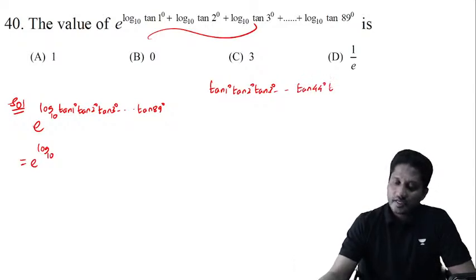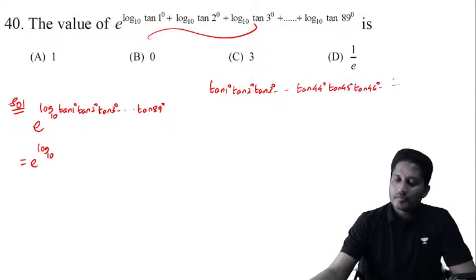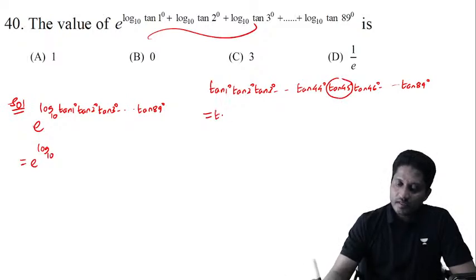The next term is tan 45, tan 46 and so on up to tan 89. Tan 45 is 1.